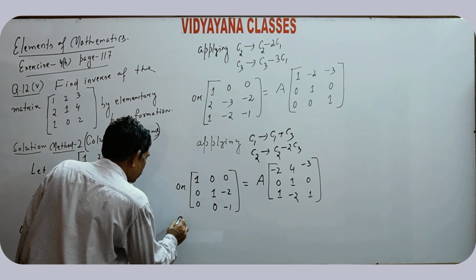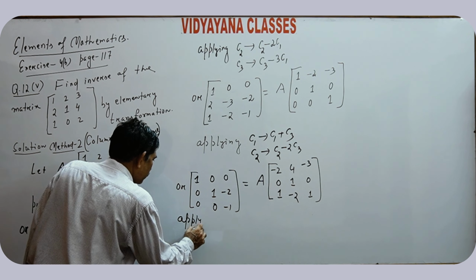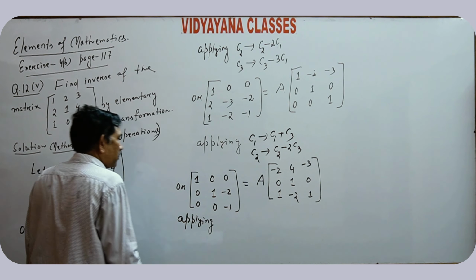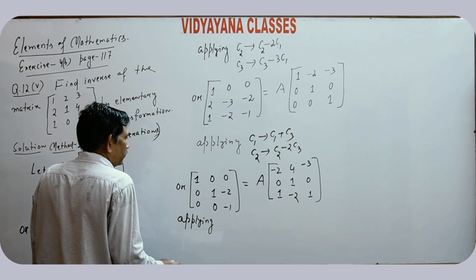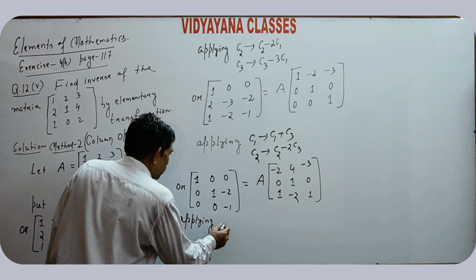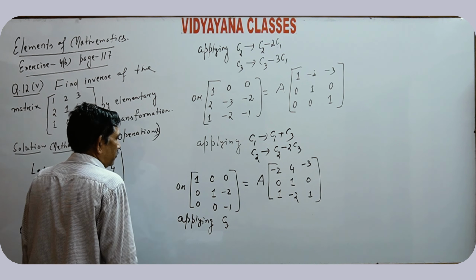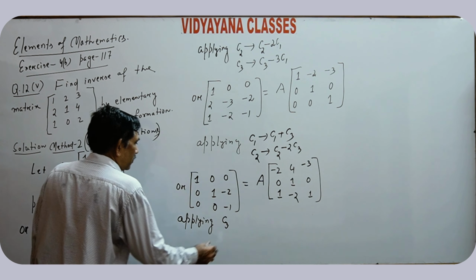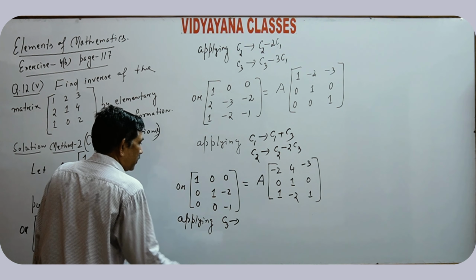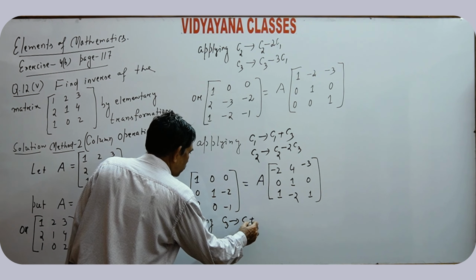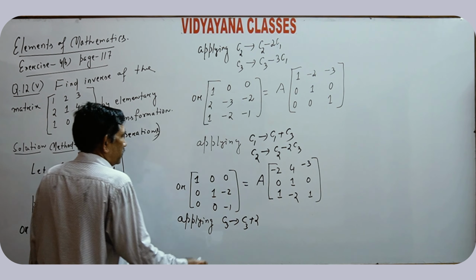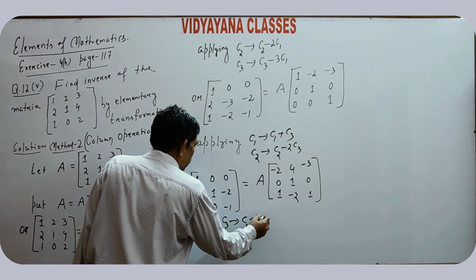Apply column 3 replaced by column 3 plus 2 times of column 2.